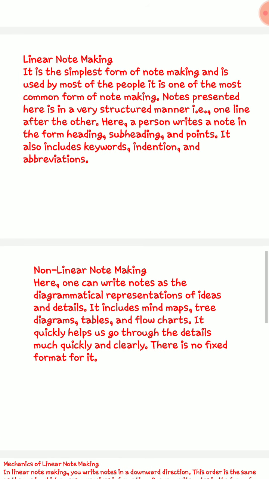Notes are presented in a very structured manner, one line after the other. Here a person writes a note in the form of heading, subheading and points. It also includes keywords, indentation and abbreviations.